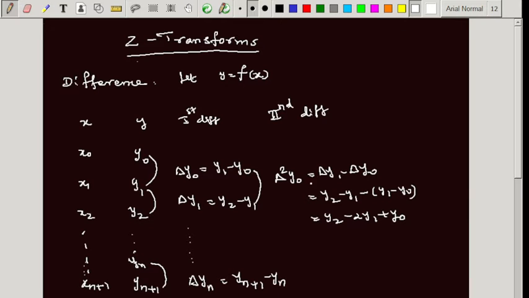So here delta y1 is nothing but y2 minus y1, minus of delta y0, which is nothing but y1 minus y0. If we simplify this, we get y2 minus 2 times y1 plus y0.